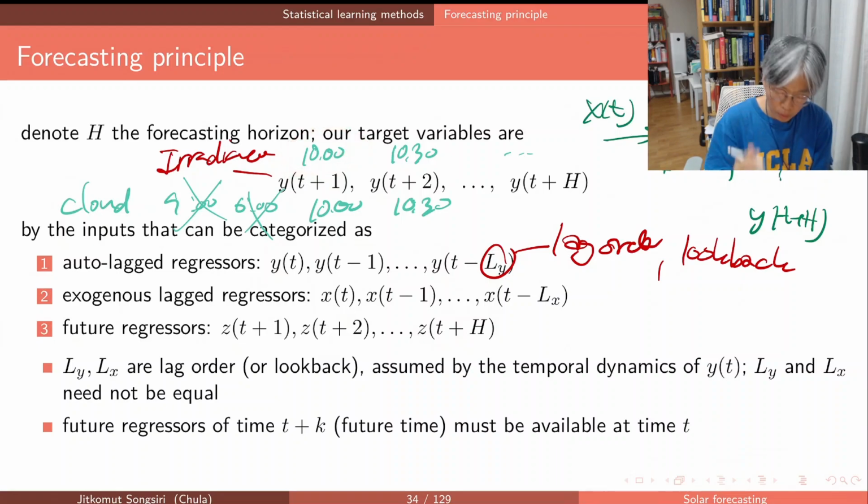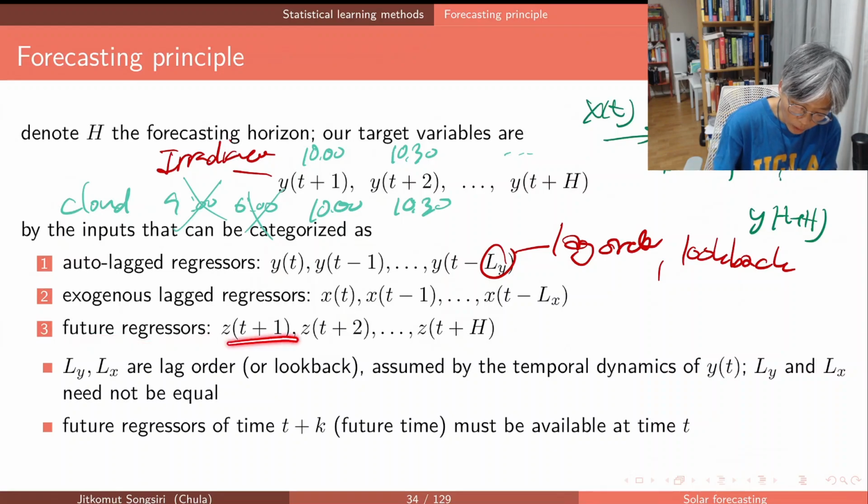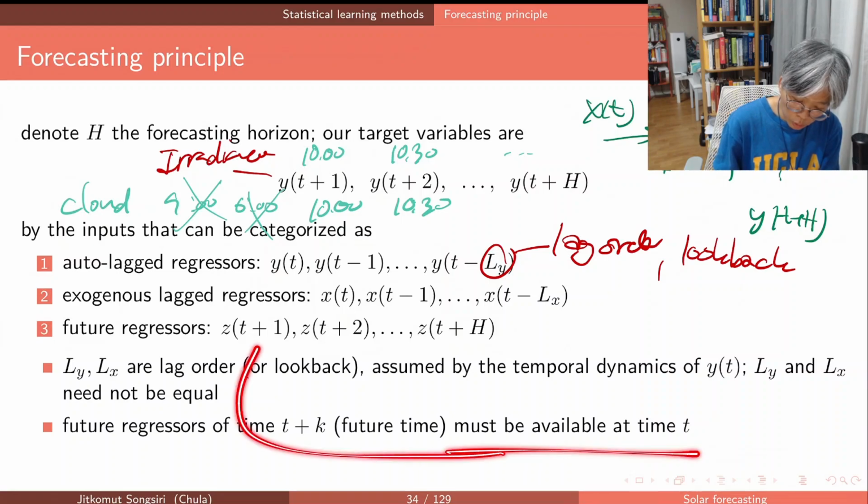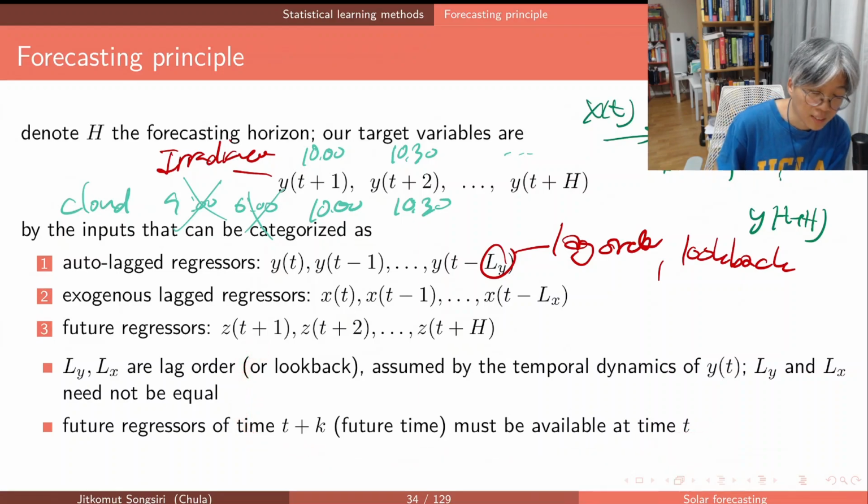However, when you select these future regressors, you must keep in mind that even though they are values at the future time, you must be able to acquire them at time t, because we perform the forecasting at time t.